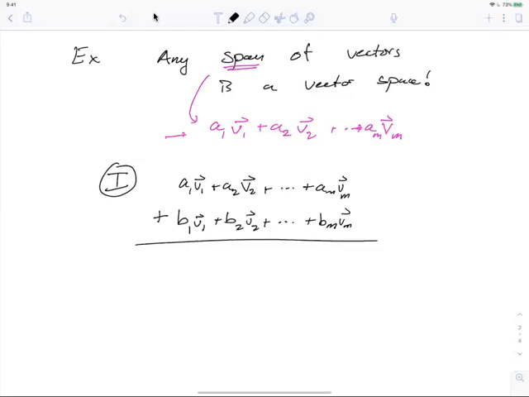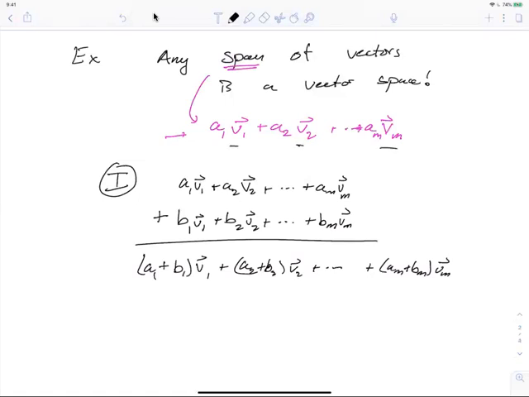And I add them together. What do we get? Well, we get a combination of the vectors where instead of A or B, I'm going to move A1 plus B1 steps in the V1 direction and A2 plus B2 steps in the V2 direction, and AM plus BM steps in the VM direction. That new vector is still a combination of our original vectors V1, V2 through VM.